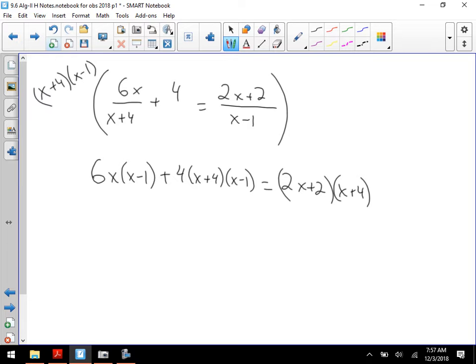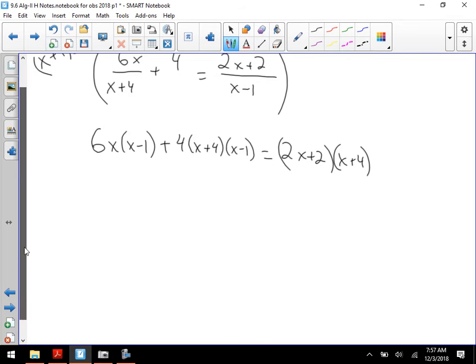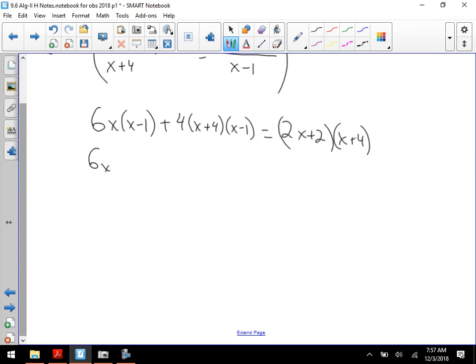Distribute, combine like terms. When you distribute, we have 6x squared minus 6x, x squared plus 3x minus 4. So I get plus 4x squared plus 12x minus 16.